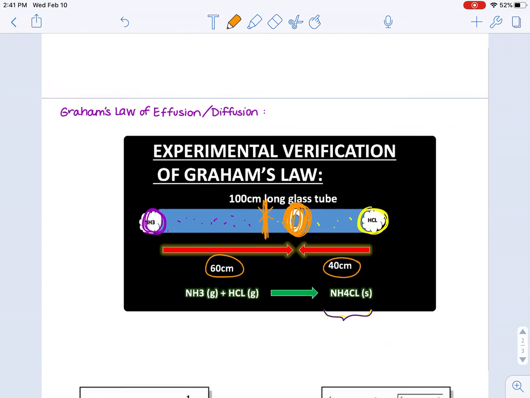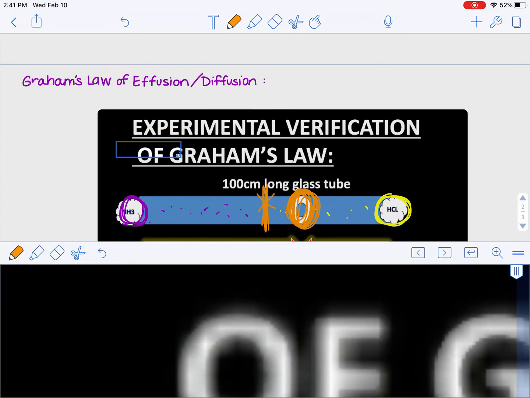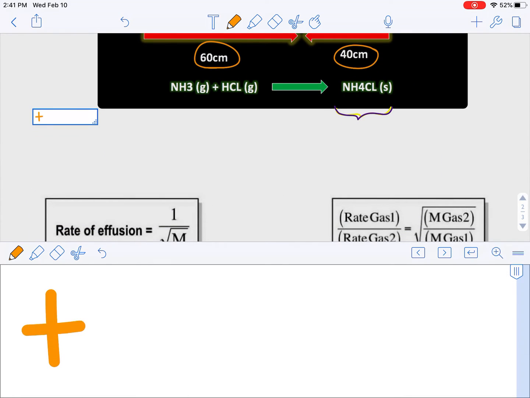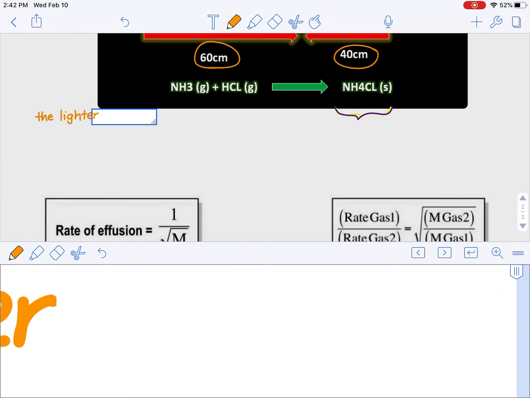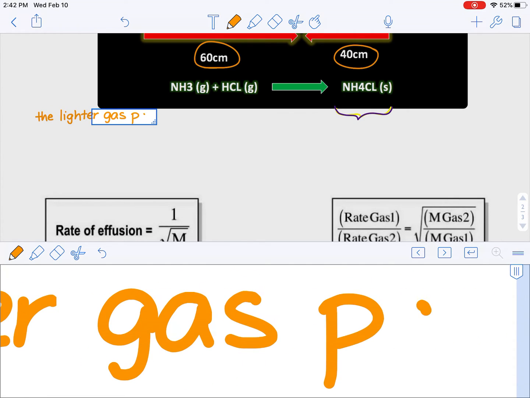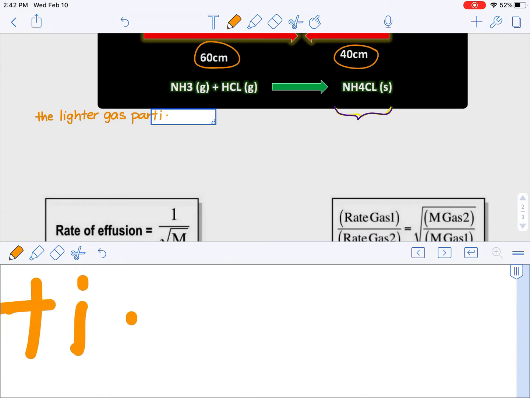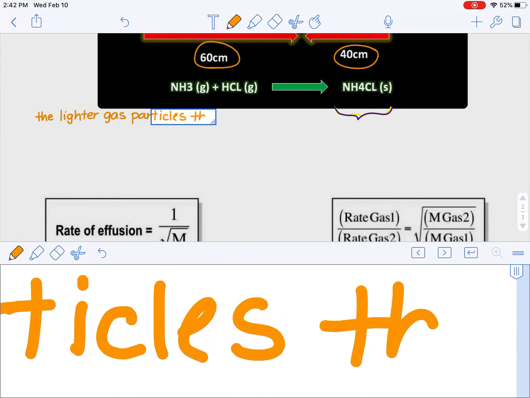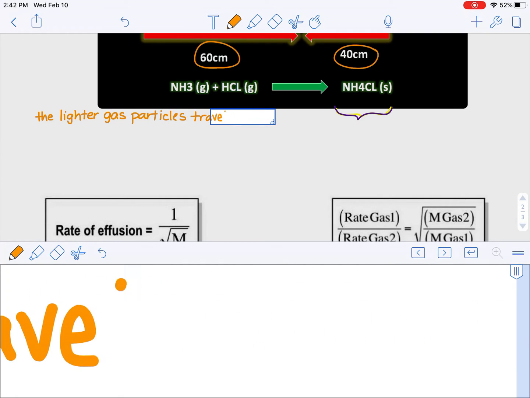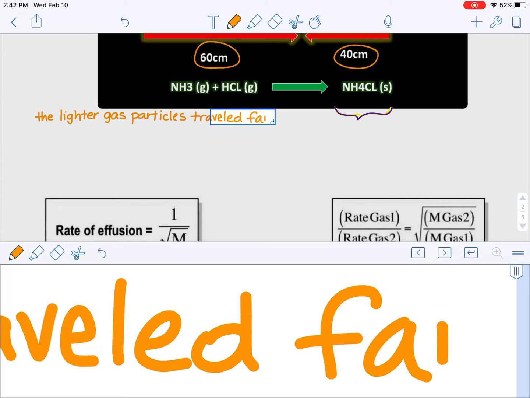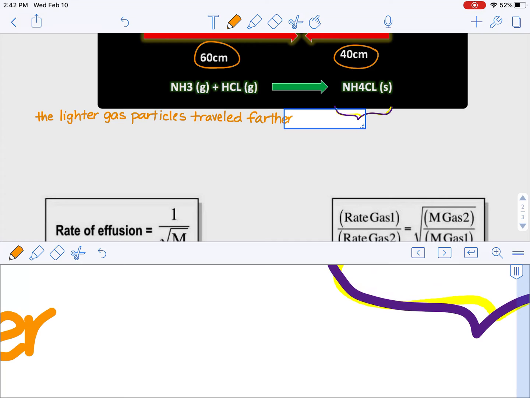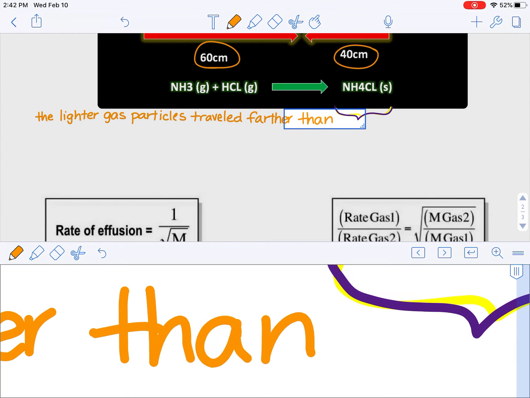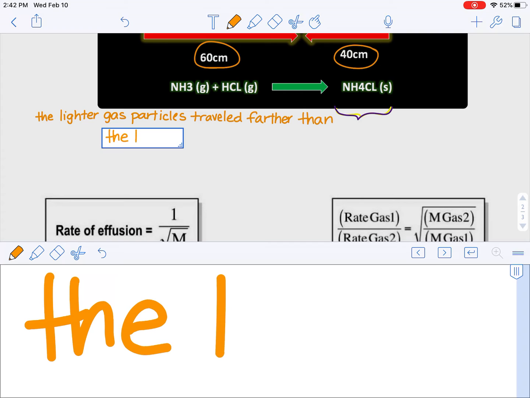Why? Well, Graham came to the conclusion that it must have to do with the size or the mass of the particles. He concluded that the lighter gas particles traveled farther than the heavier ones.